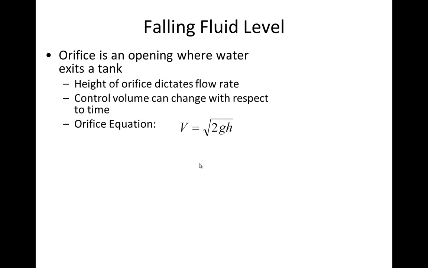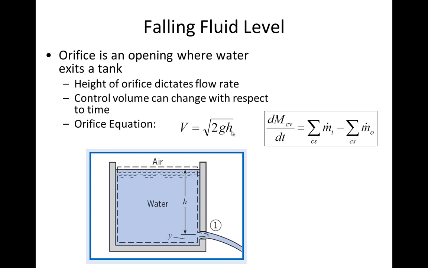And so this square root of 2gh is just rearranging Bernoulli's equation, where we've set the pressure head at 1 and the velocity head at 1 equal to 0, and then at 2 setting the pressure head equal to 0, so that what's left is the elevation term, so that delta z, the change in elevation between 2 points, is h. And that's how we can find the velocity as water comes out of a jet.